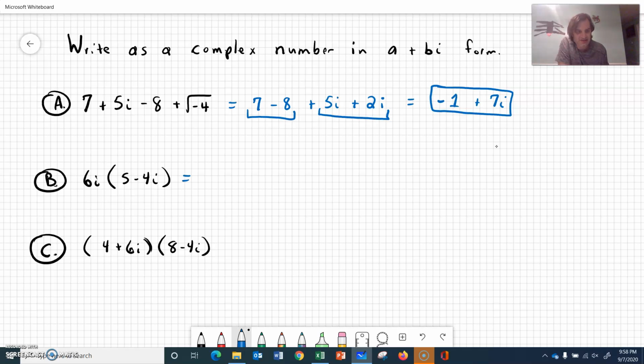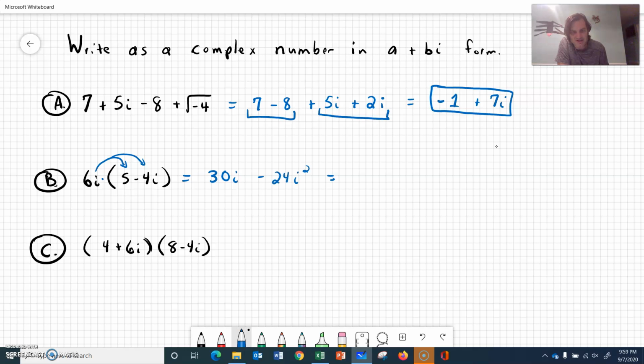The next one, part B, is 6i times, parentheses, 5 minus 4i. So I'm going to use the distributive property here. 6i times 5 will be 30i. And then 6i times negative 4i will be negative 24i squared.